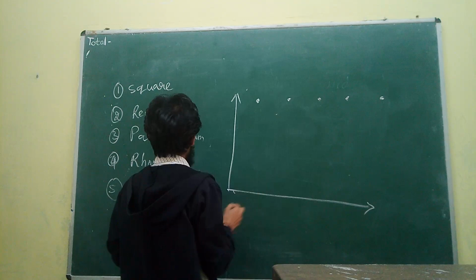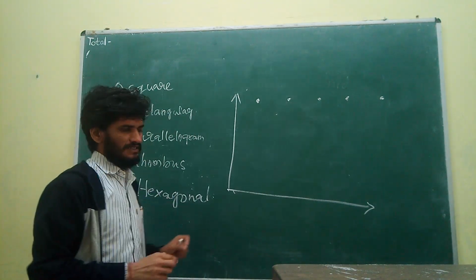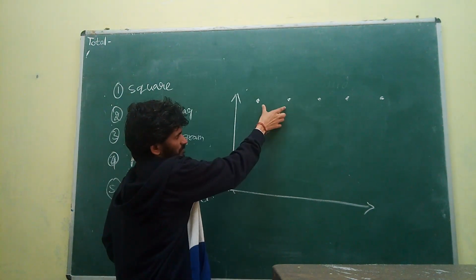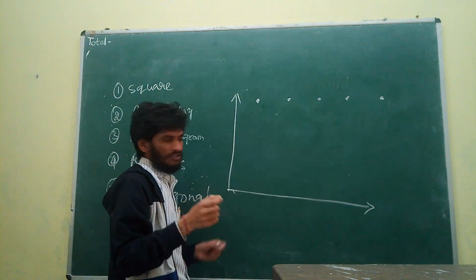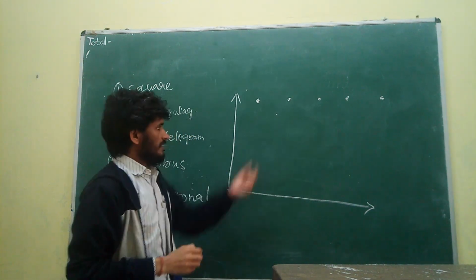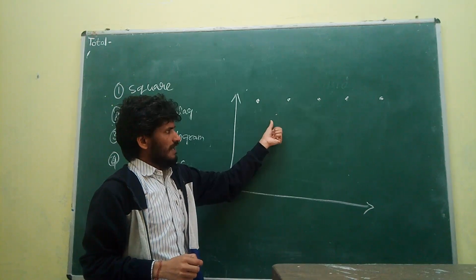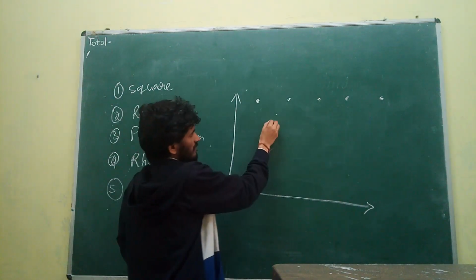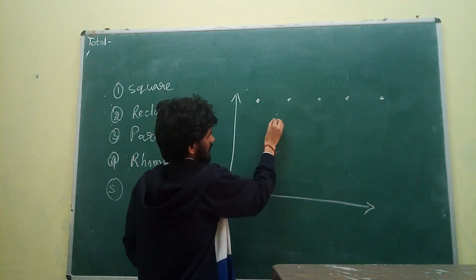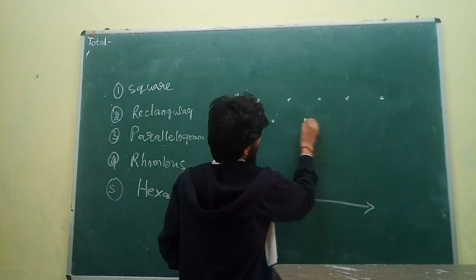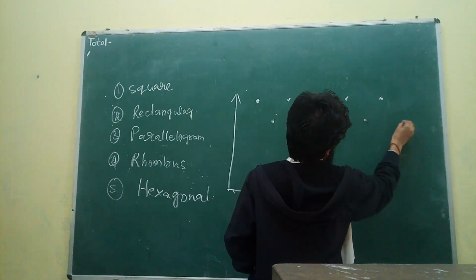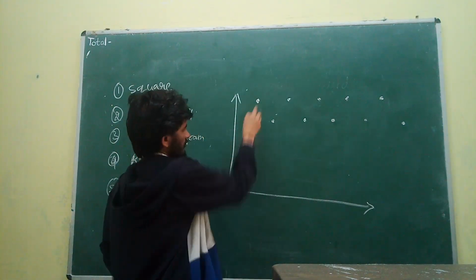While we draw the hexagonal crystal lattice, it is very important that the distance between these particles should be similar, not varied. When taking the second row, we have to take it exactly in between the gaps of the first row. Same 5. Now the third row repeats the first row.